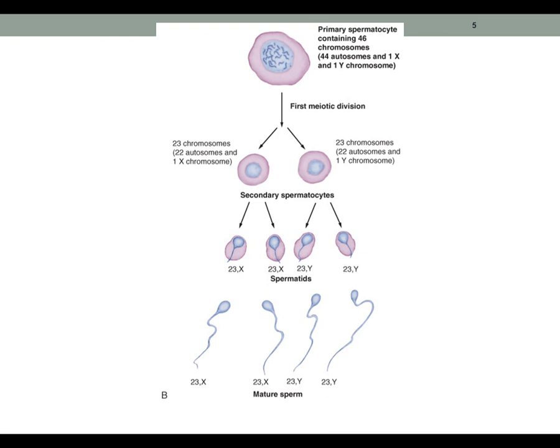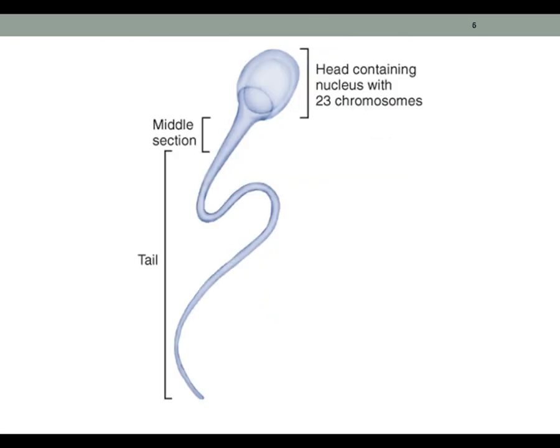So the chance of getting a male or a female is equal. They're all produced in equal numbers. So once you have the mature sperm, the head contains the nucleus that has the 23 chromosomes, that's 22 autosomes, and then 1 chromosome that's going to determine the sex of the baby.